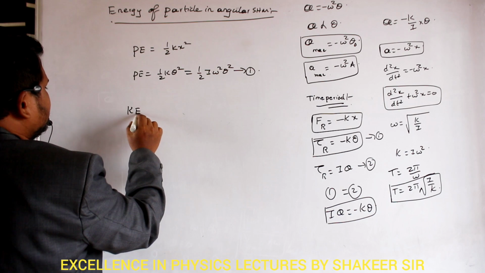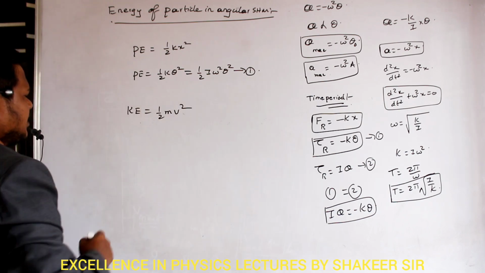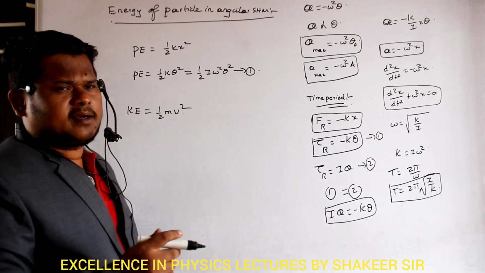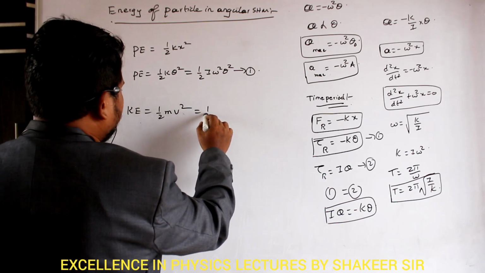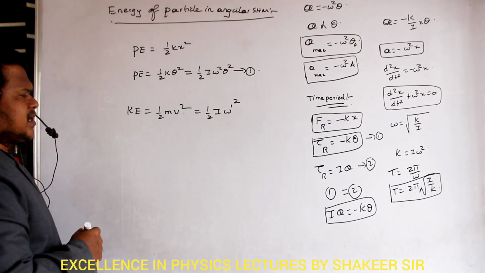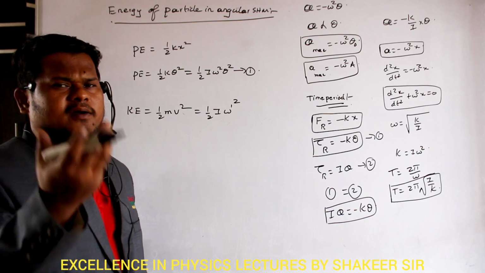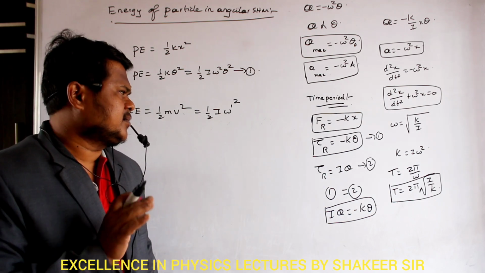Similarly, how can I write the equation for kinetic energy? Half m v square is the equation of kinetic energy in linear SHM. In angular SHM, how can I write an analogous relation? I can write half I into omega dash square. And what is omega dash? Omega dash is the angular velocity of the particle at a particular theta or at a particular time t. Clear?